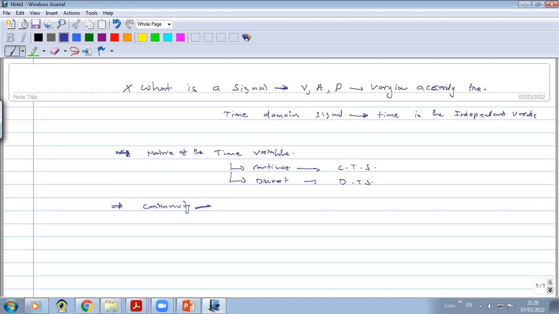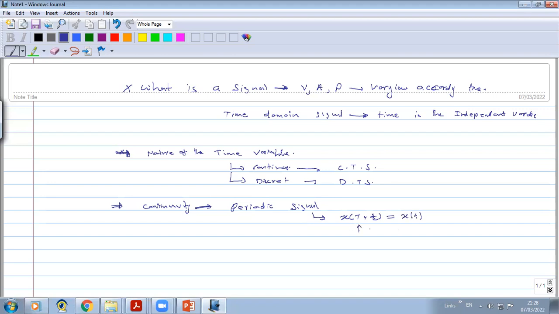We said that repetitive signals are called periodic signals, and we have discussed one condition to be periodic, that is x(t + T) = x(t).